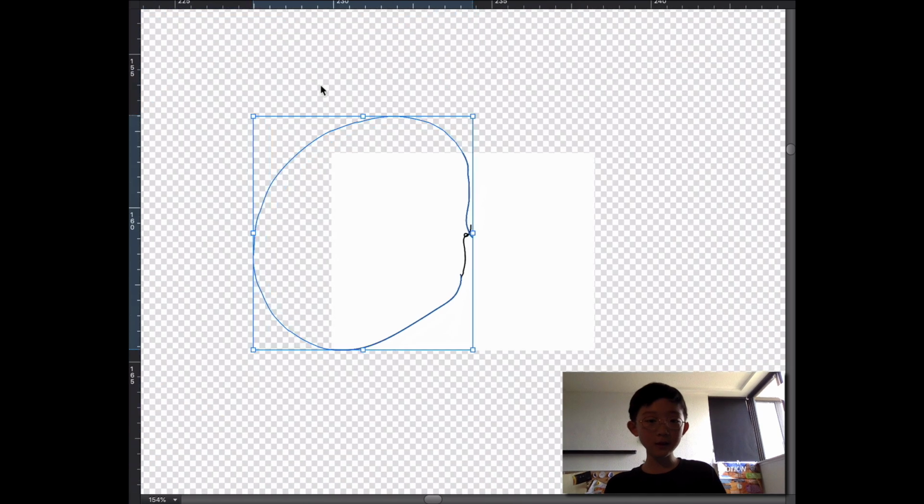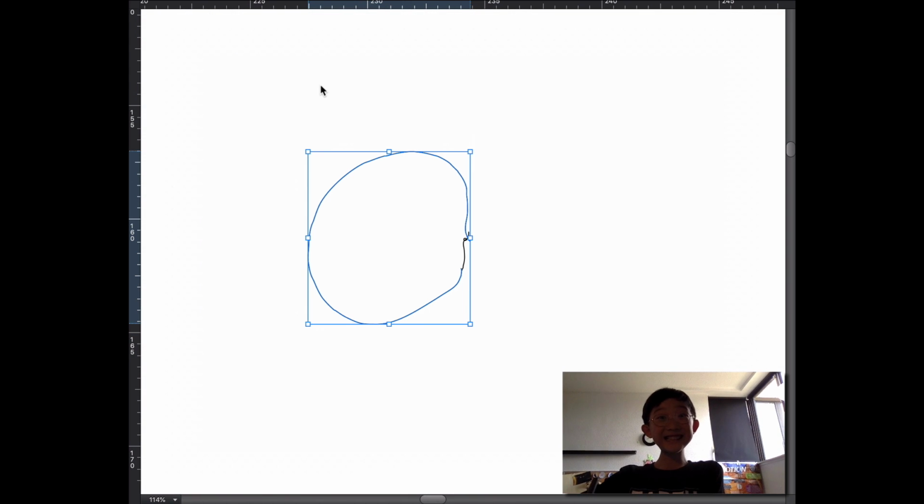Anyway, so that's about how big the normal section would be.